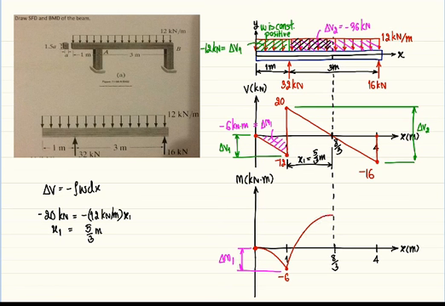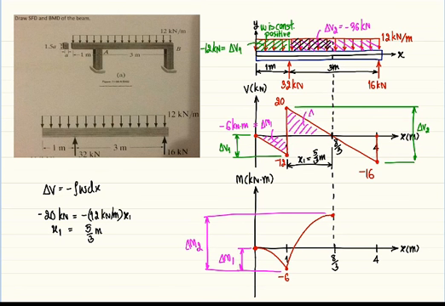This point and this value can be found from the change in M value. So this change in M value, delta M2 from 1 to 8/3, can be related to this area.